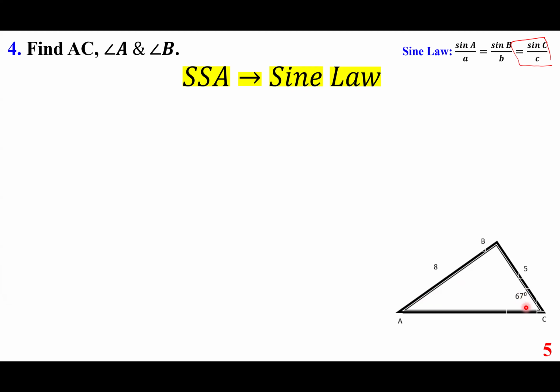Sine C, that means sine of 67 over the opposite side 8. And then whatever is missing, sine A is missing, over 5. That's one way to do that. And of course, cross product means sine A is the product of these two divided by 8.